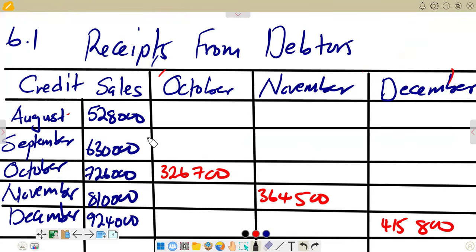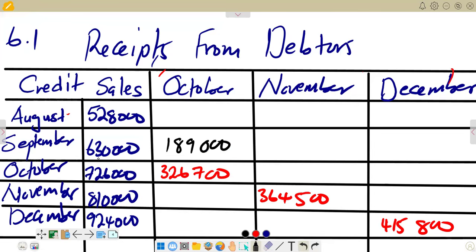Let's just confirm. 0.3 multiplied by 630,000, and you get 189,000. So here we have 189,000.